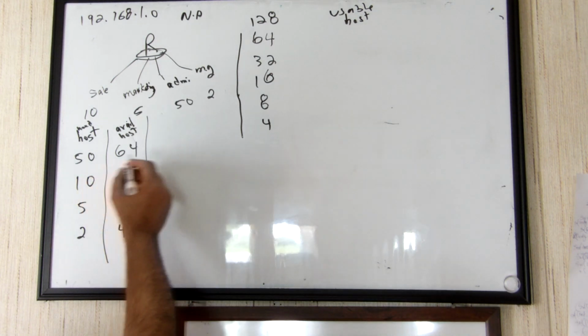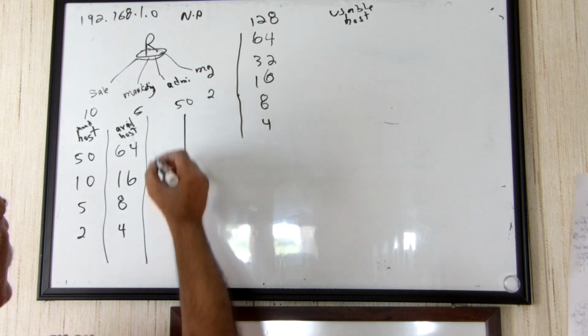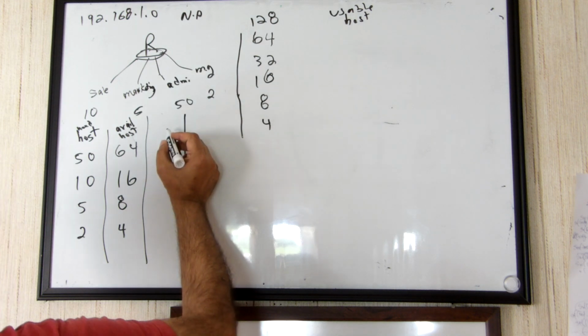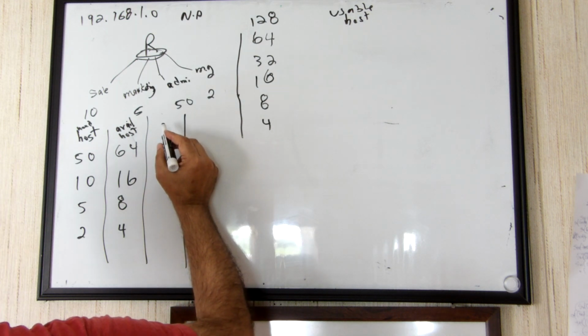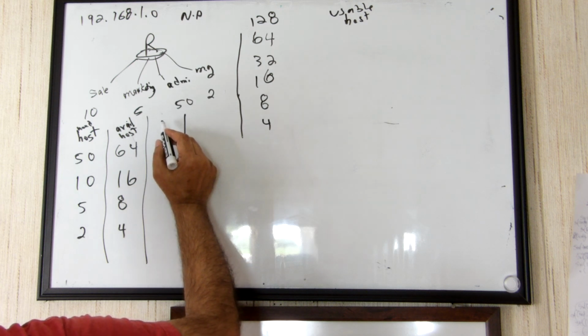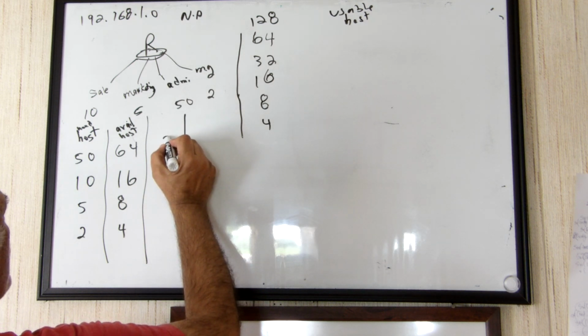If we are going to have 64 hosts, that is 2 to the power of what? To the power of 6.